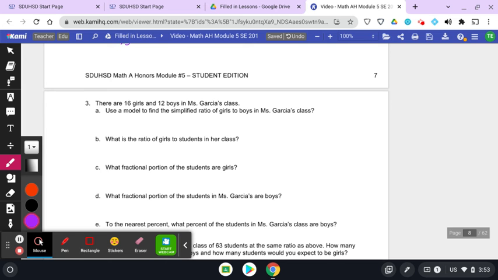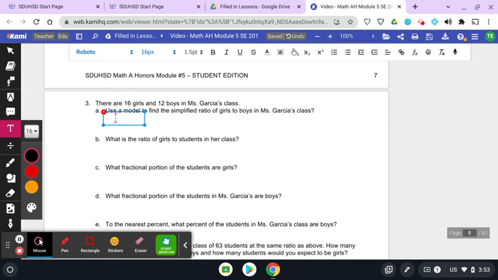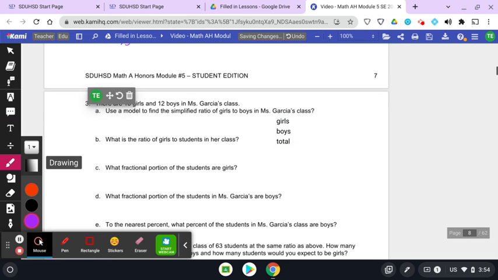All right, there are 16 girls and 12 boys in Mrs. Garcia's class. So I always think, okay, girls, boys, total. This is not giving me very much room. Let me scoot over here so I can actually make my chart. Girls, boys, total. I write down the information I had from the problem.